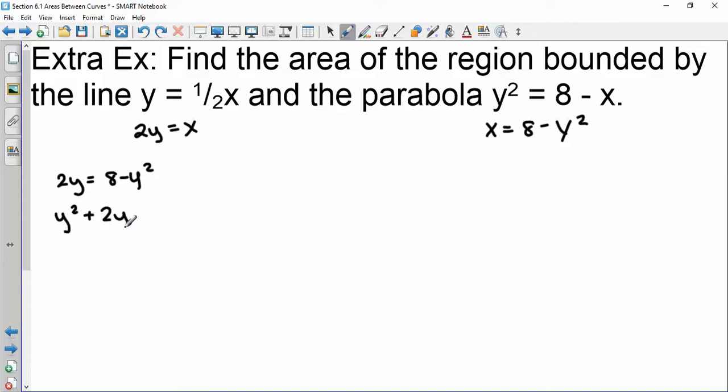Let's get it all on one side. Multiply to -8, add +2, so +4, -2.